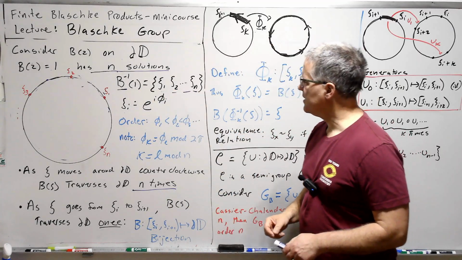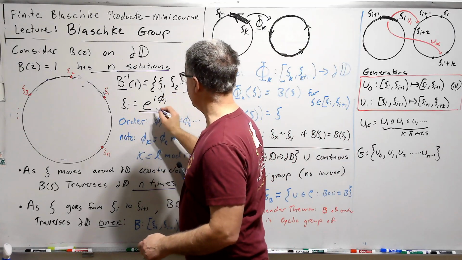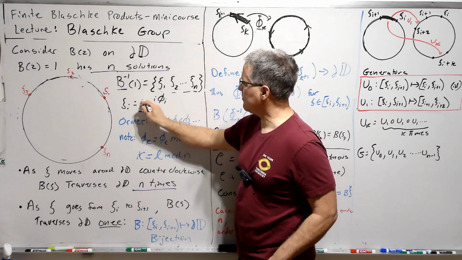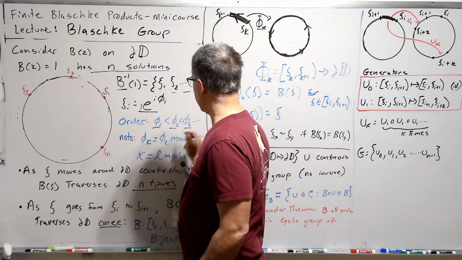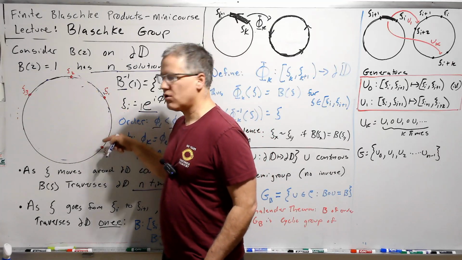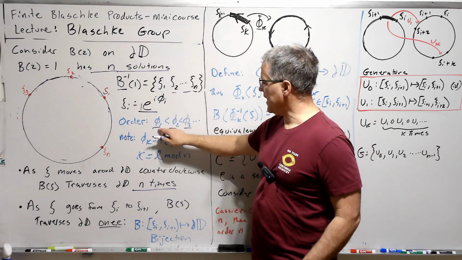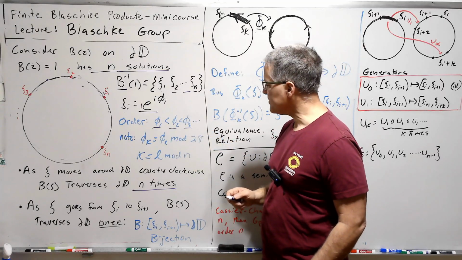Now each one of these is on the unit circle, so they can be of the form like this. They have an amplitude of 1 and then a phase, and we can order these such that they're ordered around the disk in a counterclockwise manner, such that the phase of 1 is less than that of 2, is less than that of 3, and so on.